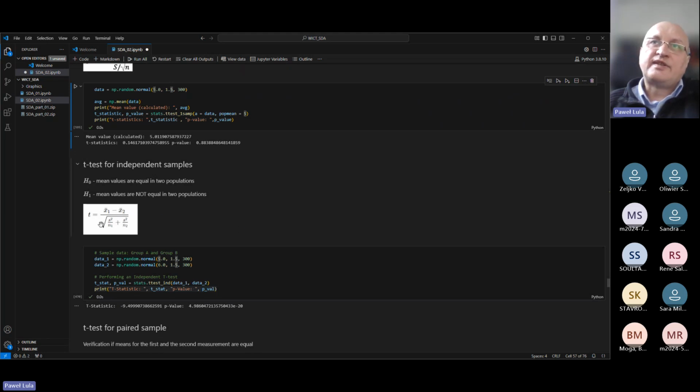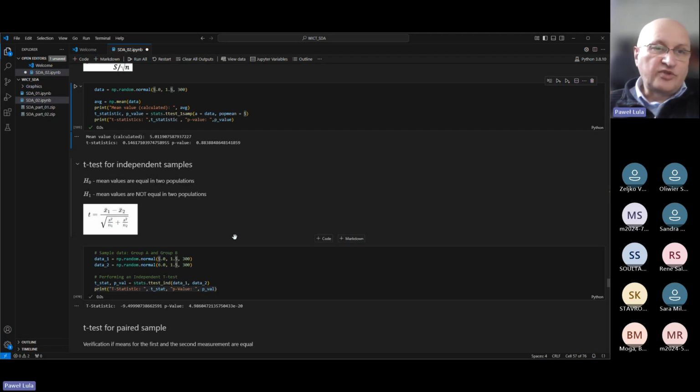statistics for this test. This statistic has this form which we see here. It is a comparison of these two average values. It is, for example, for Croatia, it is for Greece.